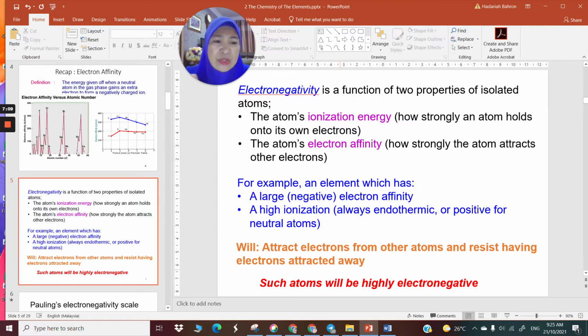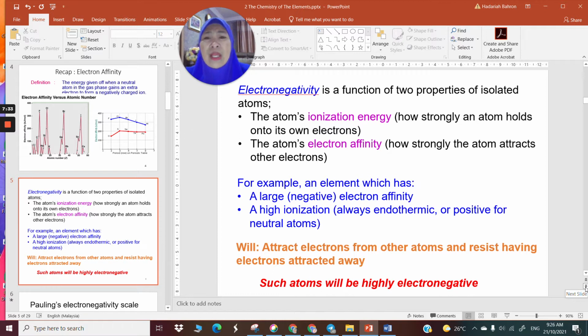It will attract electrons from other atoms and resist having its own electron taken away. So an atom that has this property, a large electron affinity and a high ionization energy, will have a high electronegativity.